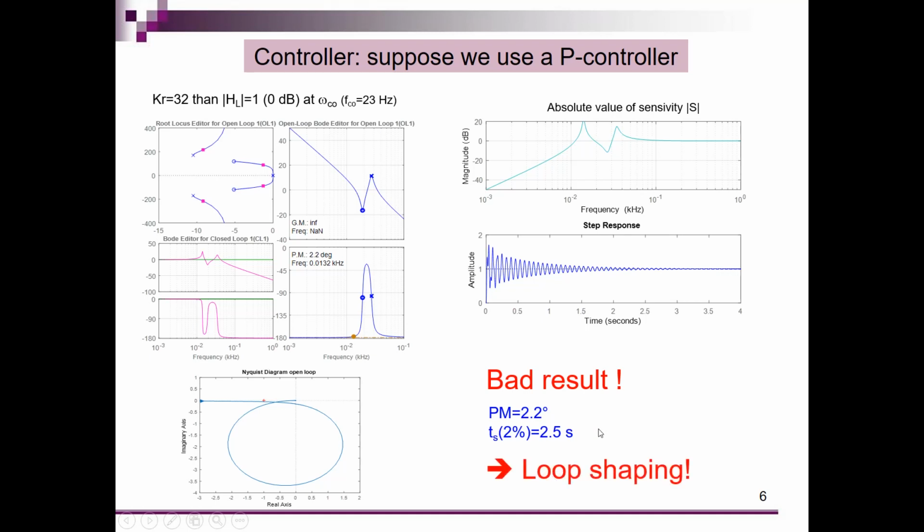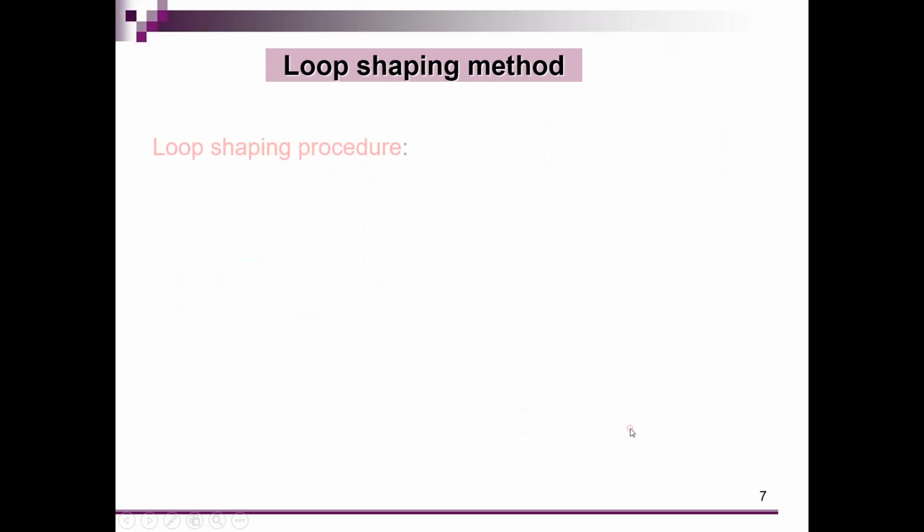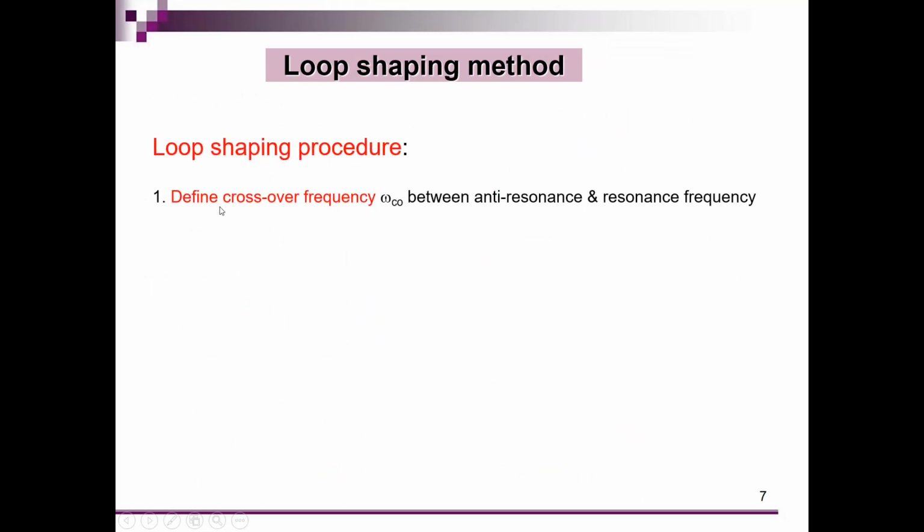So what is the approach which we are going to use? Well, we start off by defining that crossover frequency, as discussed, between the anti-resonance and resonance frequency. We call that omega CO, the crossover frequency. When we have that, then we define a PD controller with a lead filter.